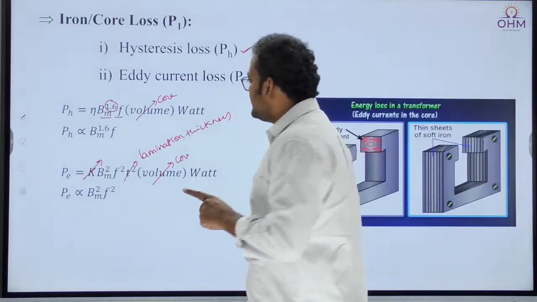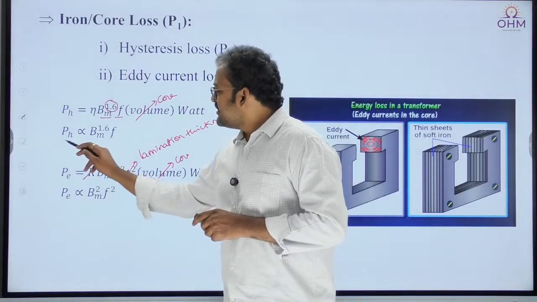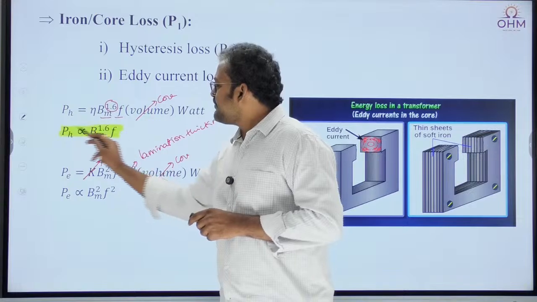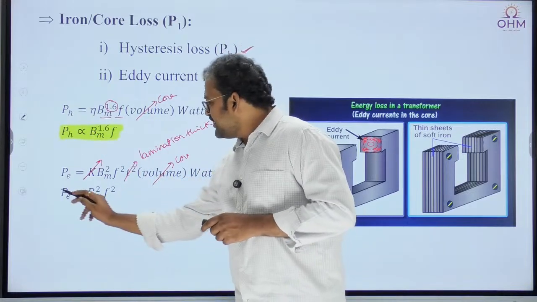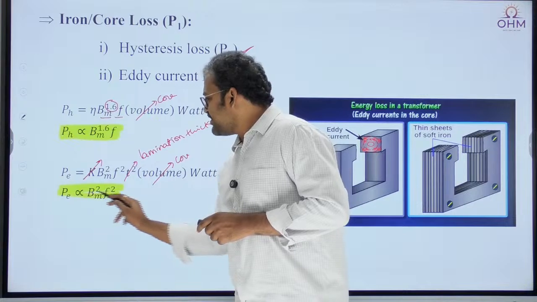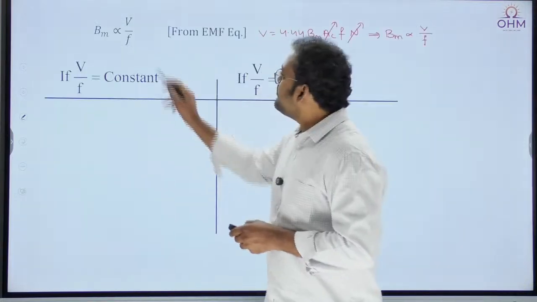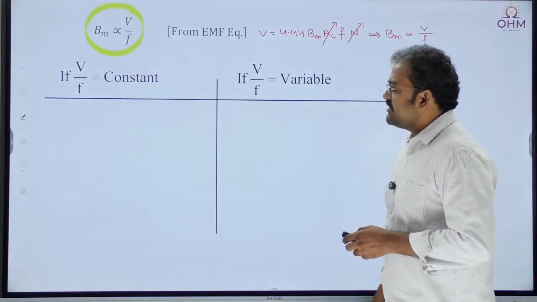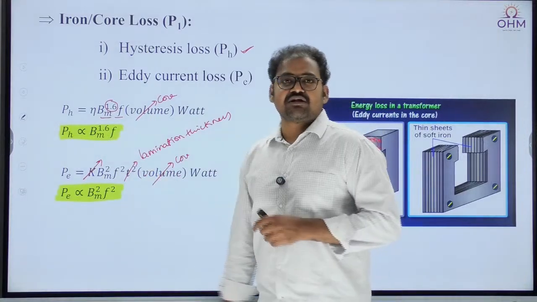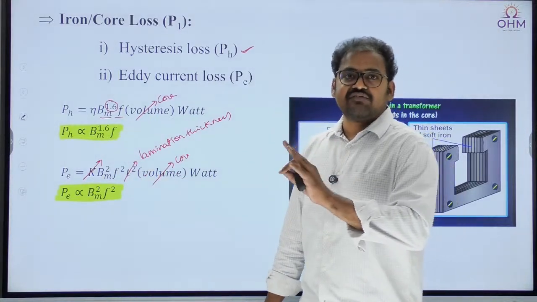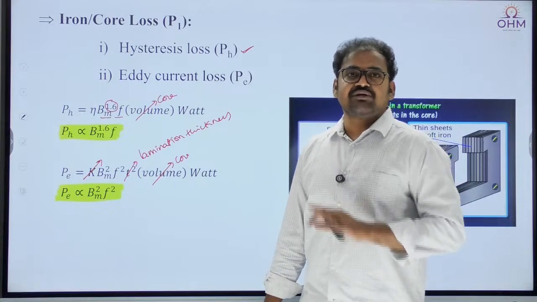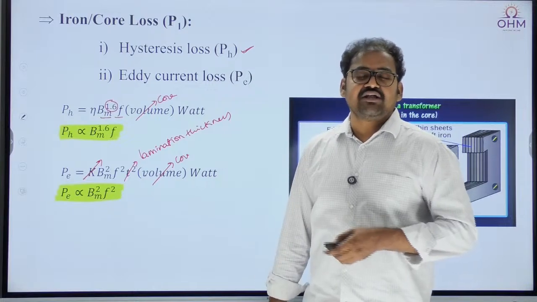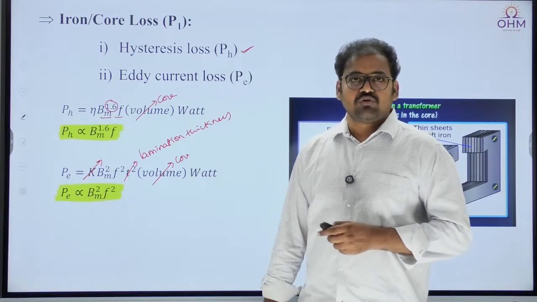So finally, you can understand from these two formulas that hysteresis loss is proportional to Bm power 1.6 into F, eddy current loss is proportional to Bm square into F square, and Bm is proportional to V by F. Therefore, the value of hysteresis loss and eddy current loss will depend upon voltage and frequency only. Suppose a transformer is excited from a constant voltage and frequency source, hysteresis loss and eddy current loss remain constant from no load to full load.